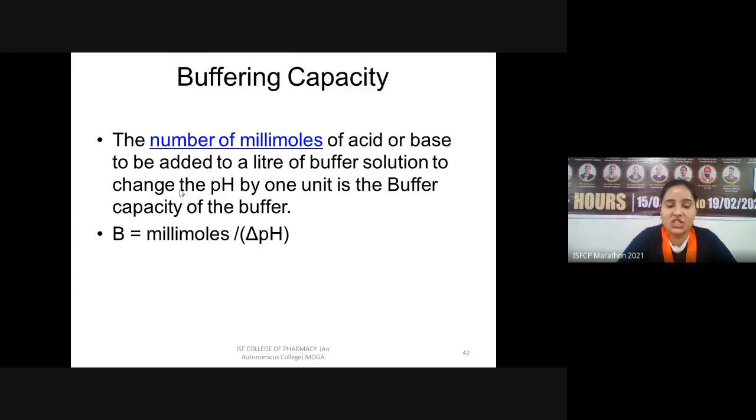So this is basically the formula: buffer capacity is equal to the millimoles of acid or base added to 1 liter of the buffer solution to produce a pH change of 1 unit.